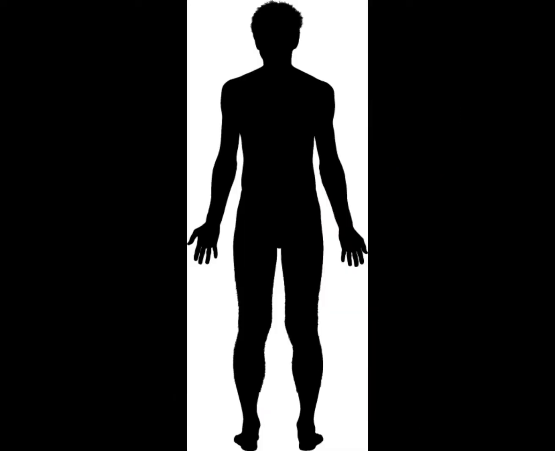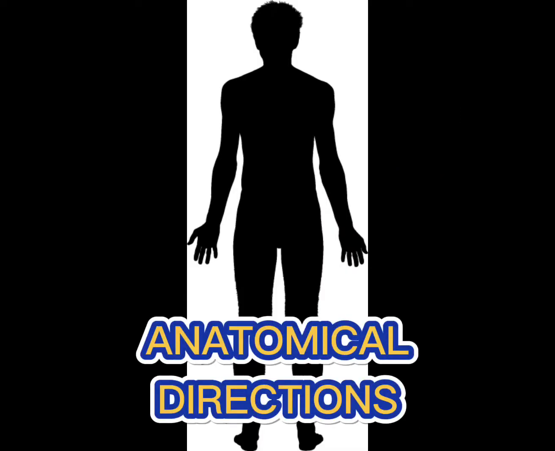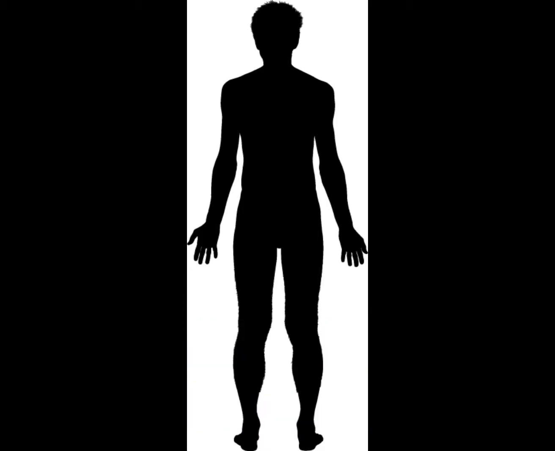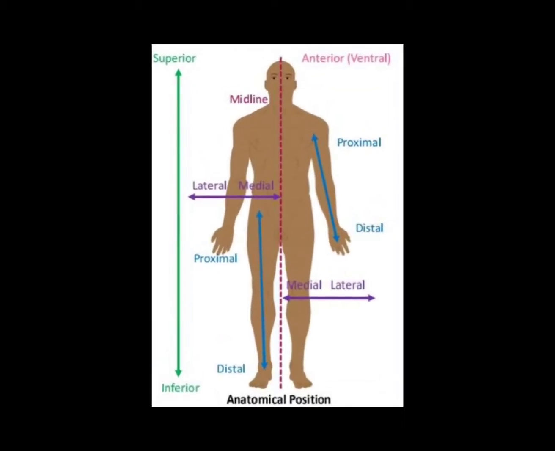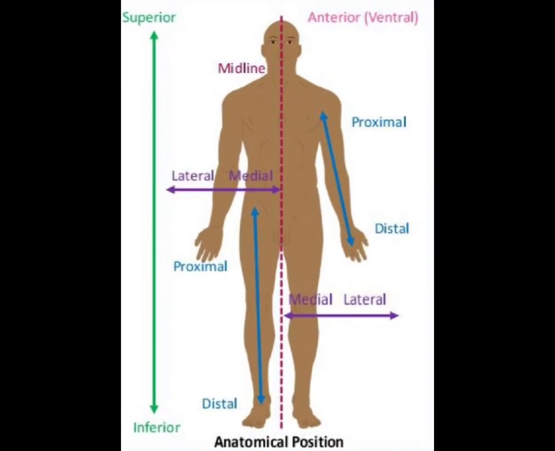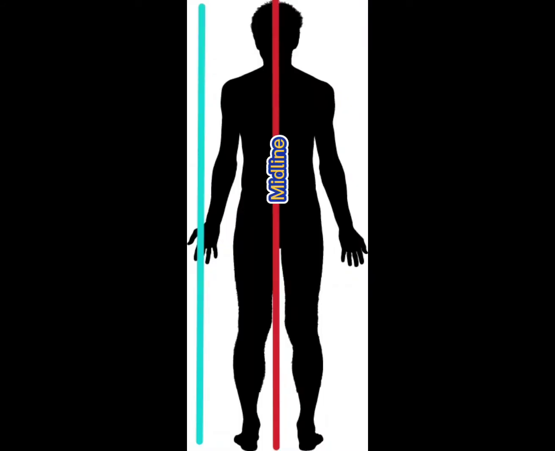First, we will discuss the anatomical direction. What is anatomical direction? Anatomical directions are used to orient the position of a body part in relation to the rest of the body. Let's proceed to the superior and inferior.